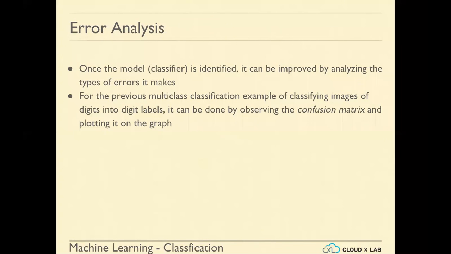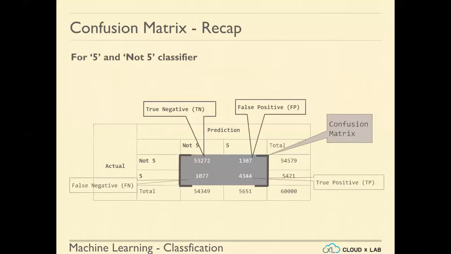All right. Once the model is identified, it can be improved by analyzing the type of errors it makes. For the previous multi-class classification example of classifying image digits into digit labels, it can be done by observing the confusion matrix. We have already done a similar model, so let's continue with that one. Remember the confusion matrix?